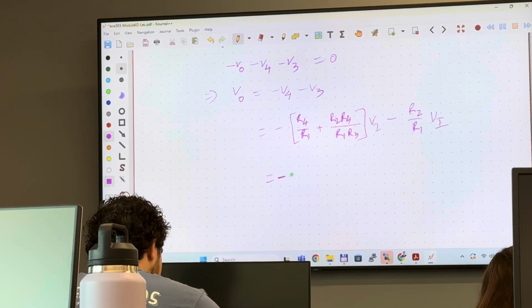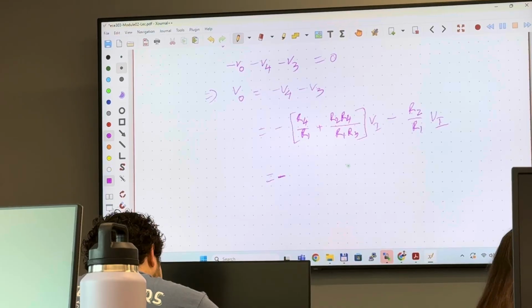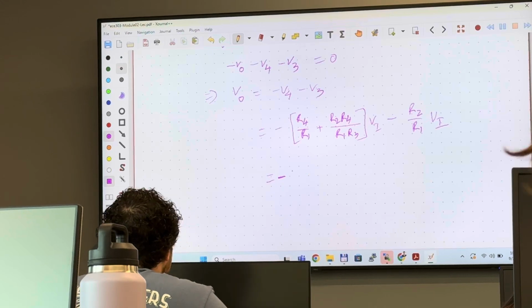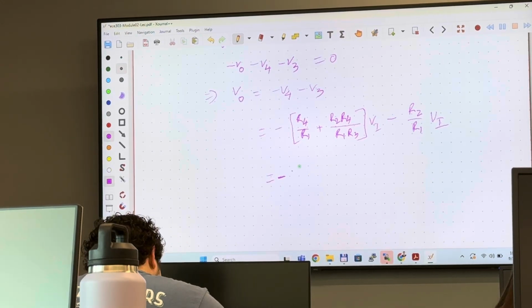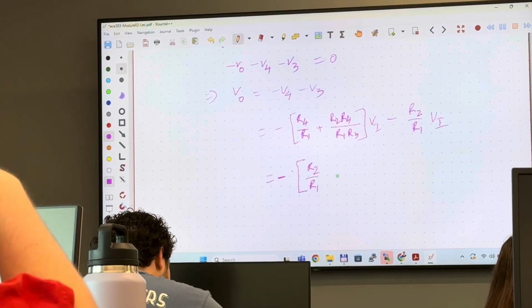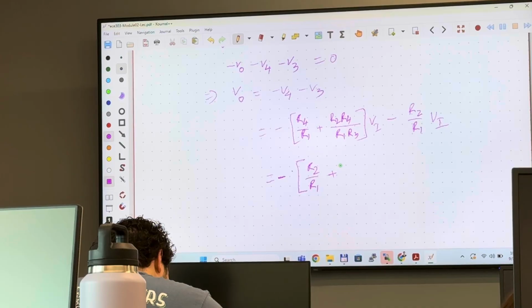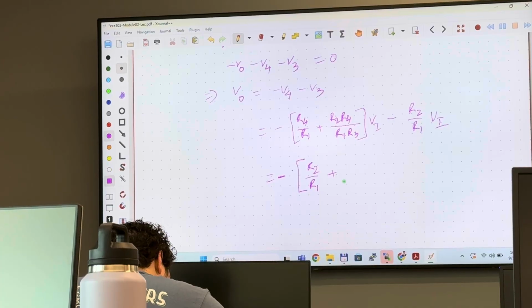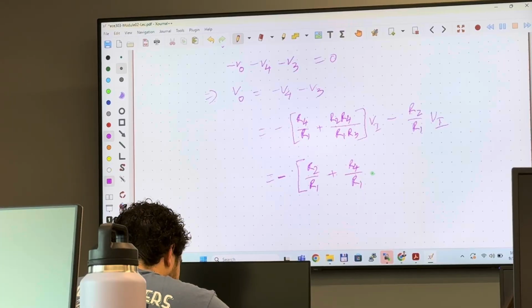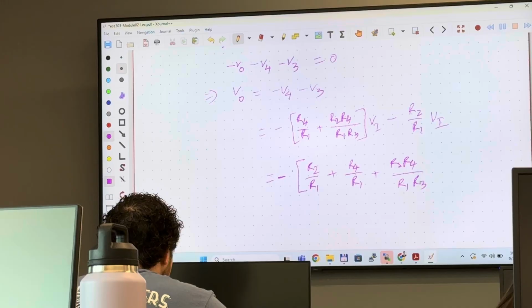Bring this negative sign out of the way, and you can factor out V sub I towards the end. So you have R2 over R1 plus R4 over R1 plus R2 R4 over R1 R3 times VI. Do you see?